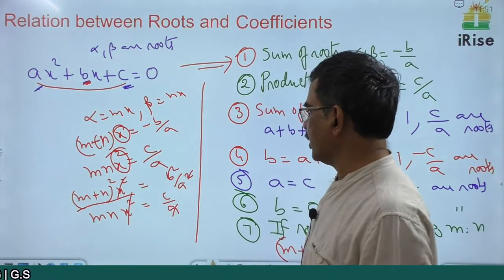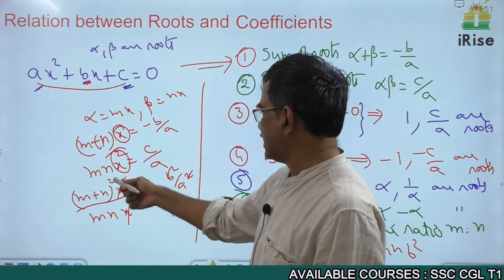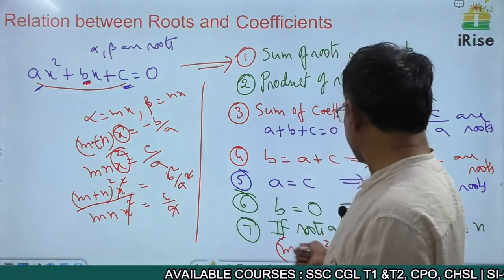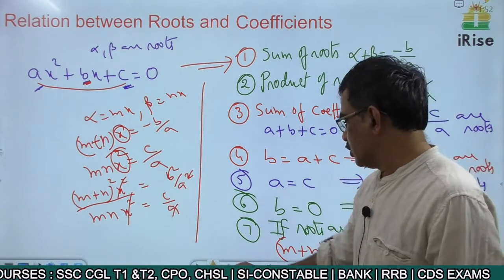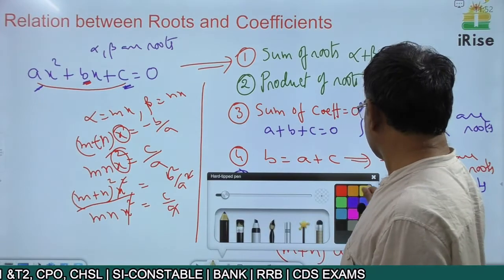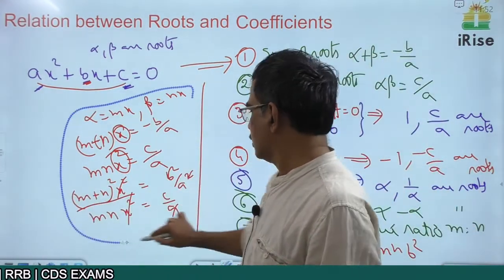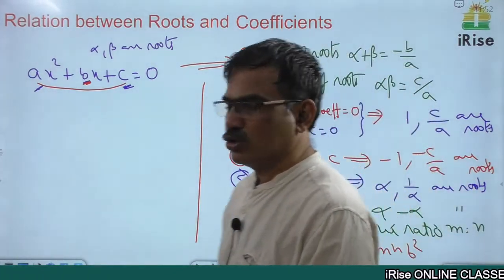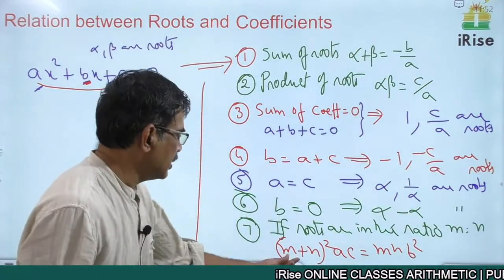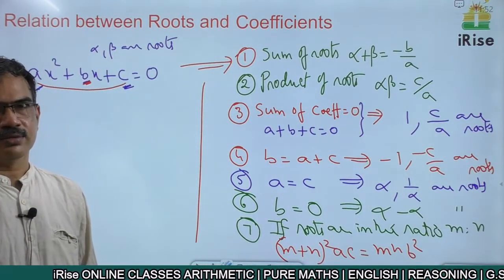So cross multiply: (m plus n) whole square AC is equal to mn b square. Understood? So here actually the proof is not necessary. Know this formula. If roots are in the ratio m is to n, then (m plus n) whole square AC is equal to mn b square.